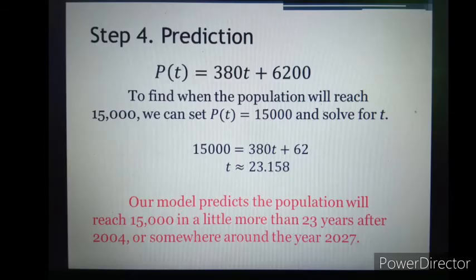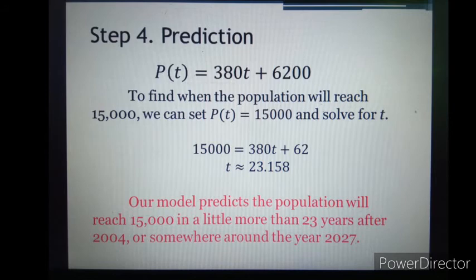To find when the population will reach 15,000, we can set P(t), which is our population size, to be 15,000 and solve for t. This is 15,000 equals 380t plus 6,200.